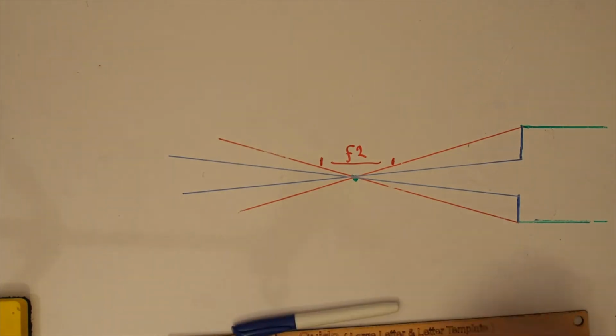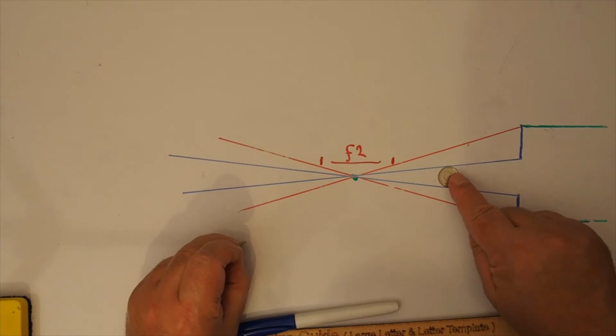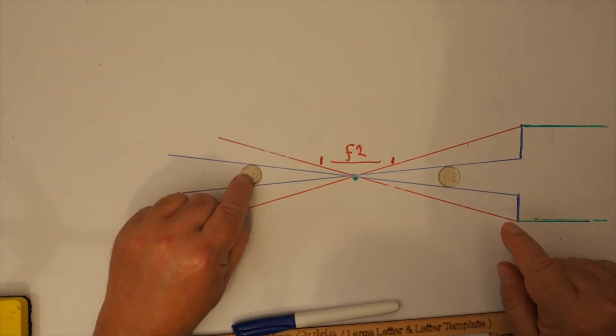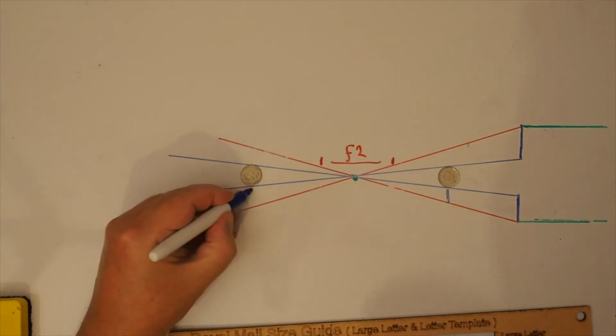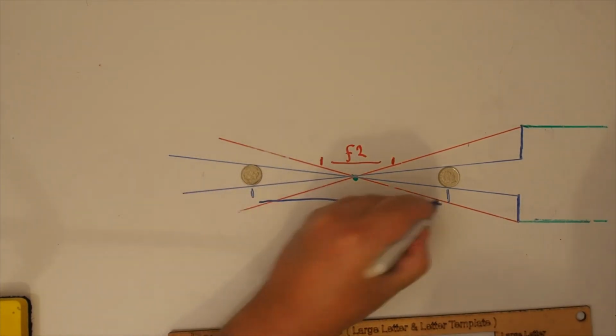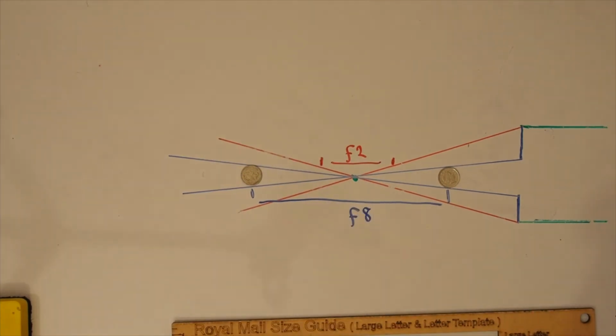Put my circles of confusion back onto the diagram, and now this one touches here and it touches here. So if I draw from here to here, that would give my depth of field at F8. That seems fairly straightforward, and that's the way that it's portrayed in a lot of textbooks.